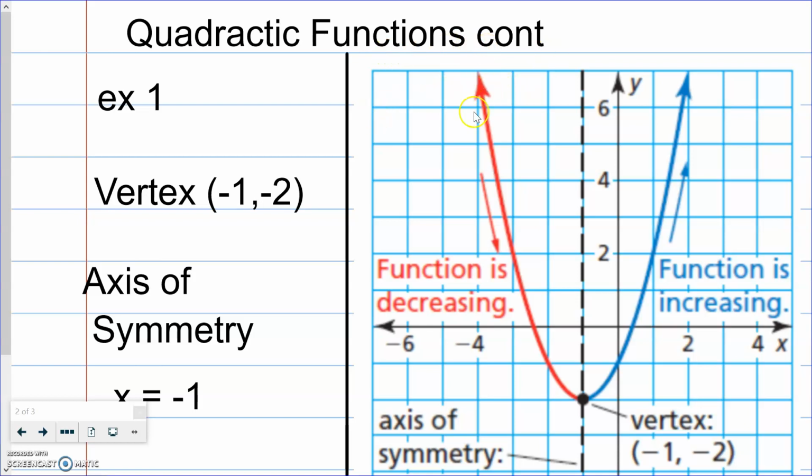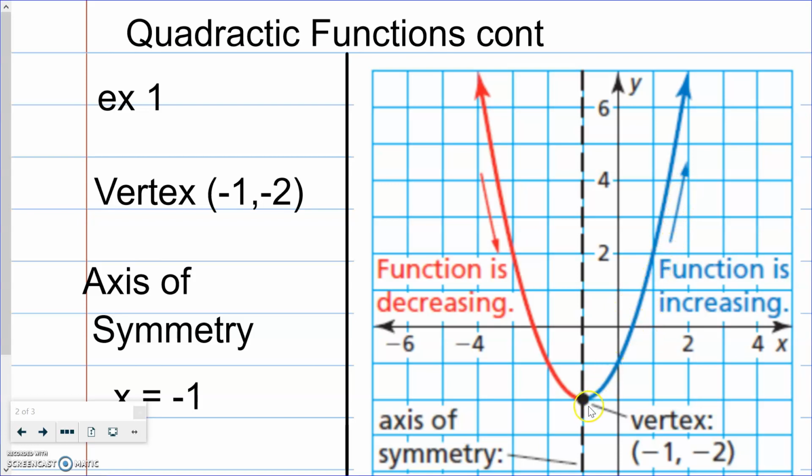I want you to sketch this. Now, I know it looks like a lot, but all we're going to do is put our x-axis, our y-axis, and we're going to put our parabola going 2 spaces below our x-axis. And then I want you to write down that the function is decreasing on this side, the function is increasing.